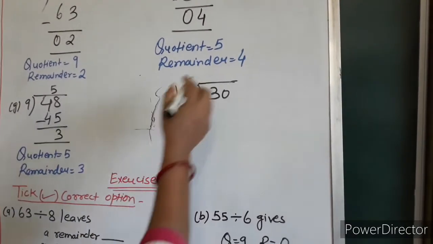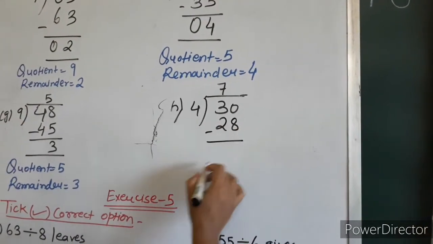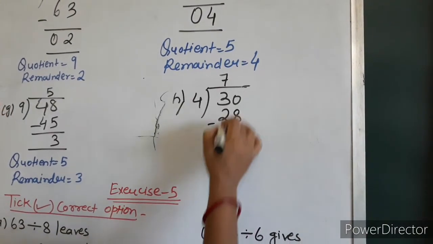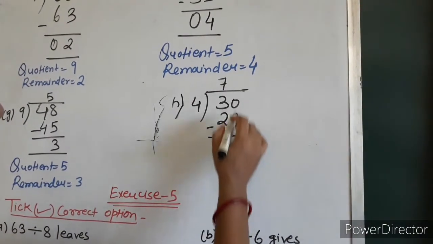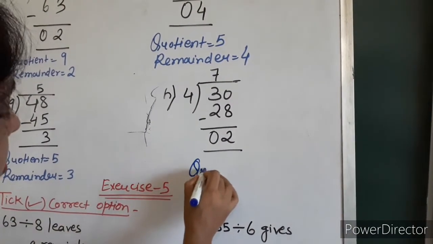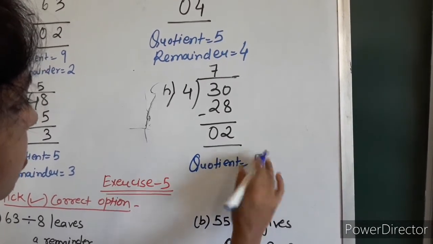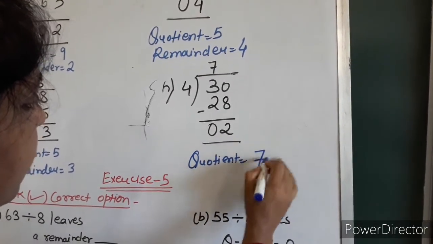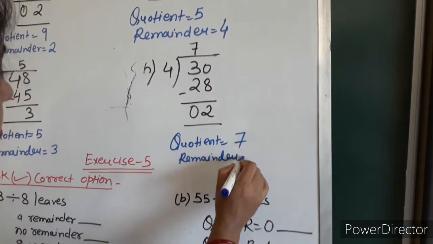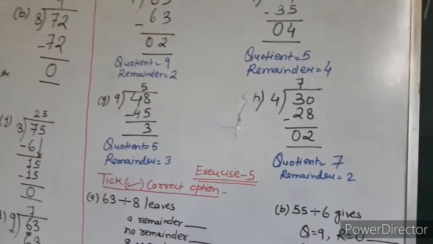So we have to write the 4 7 is 28 because 28 is smaller than the 30. So just 30 minus 28, then it will be 2. And remainder 2.